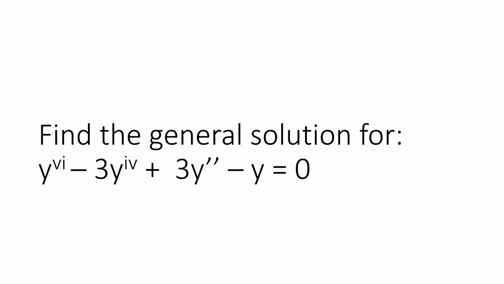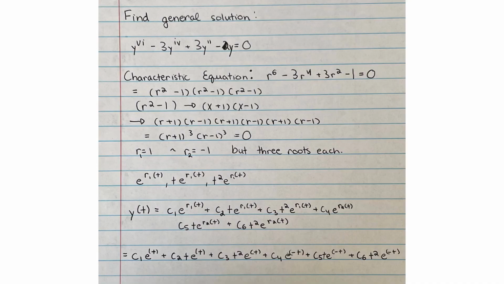For our third example, we are going to find the general solution for this problem. We're going to be solving the general equation for this higher order equation. For the given equation, we're just going to start off, like always, writing the characteristic equation.